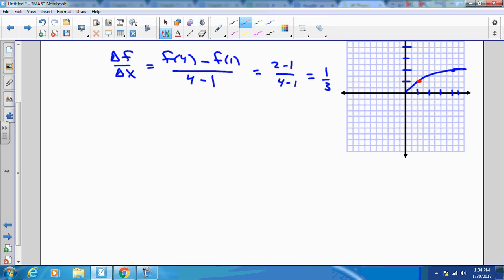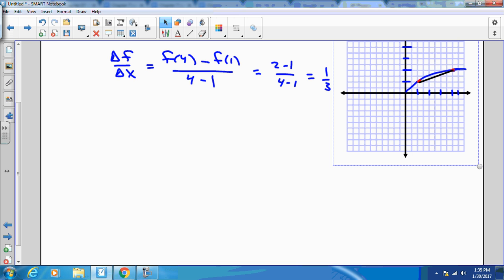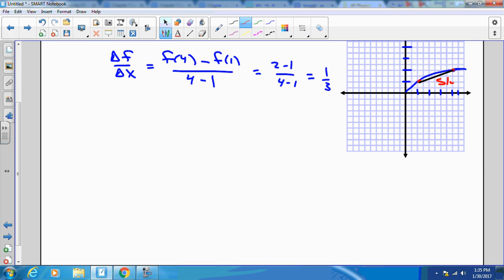And what we just found was that the slope of the line that connects these 2 points right here is equal to 1/3. And do you guys remember what we call this line that connects 2 points on a curve? Secant line, exactly so. So this is the slope of the secant line.